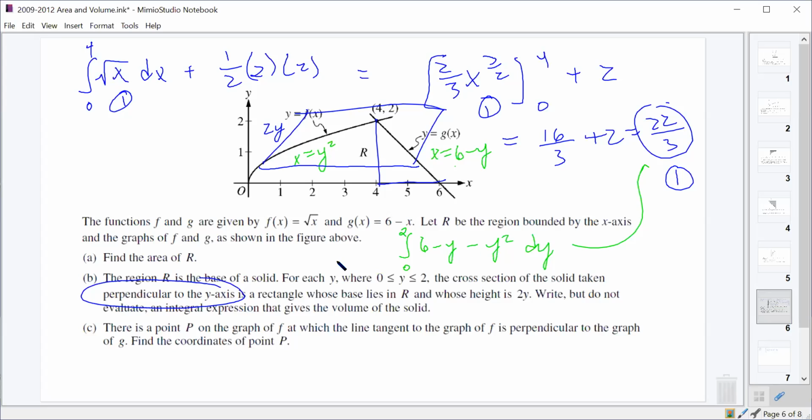All right. Part C says there is a point on the graph of f where the tangent line to f is perpendicular to the graph of g, and we want to find the coordinates of point B. So if the line is perpendicular to g, what should its slope be? What is the slope of something perpendicular to g?